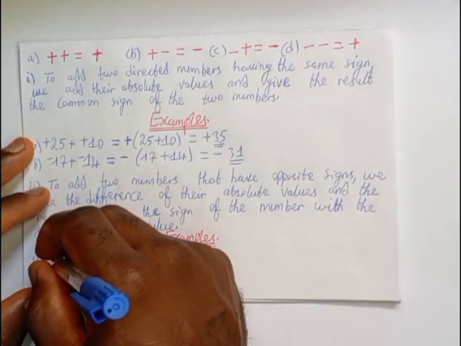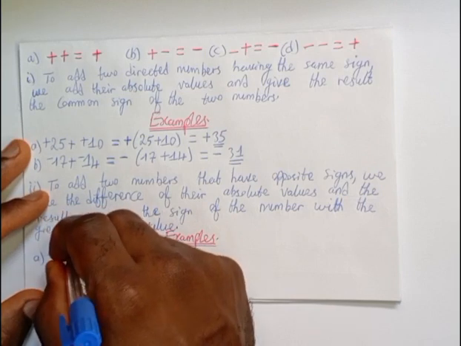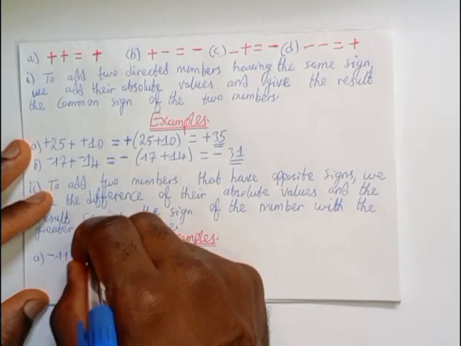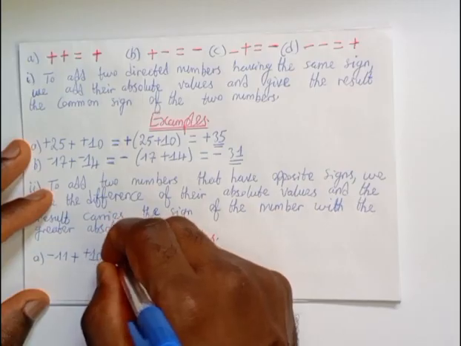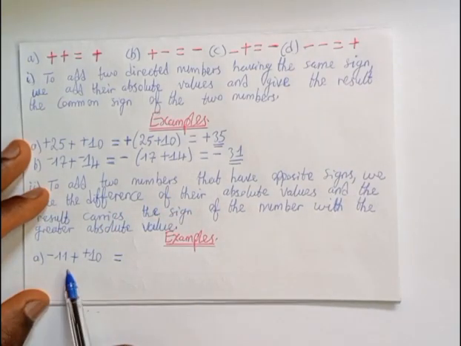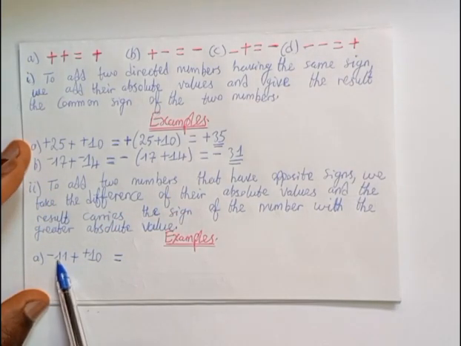For A, we have negative 11 plus positive 10. This will simply be equal to, look at the two numbers, they have different signs, negative 11, positive 10.